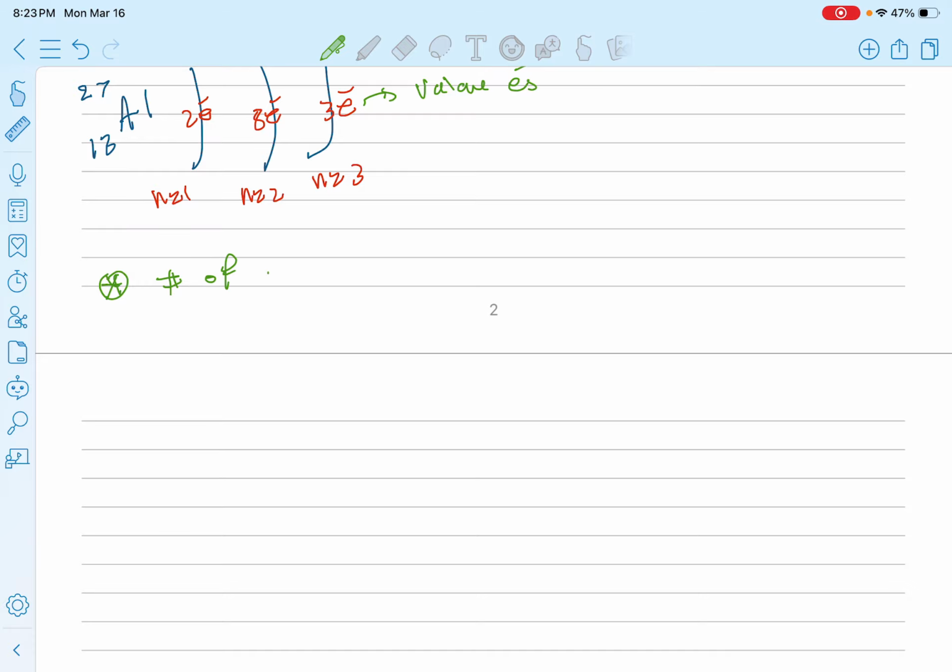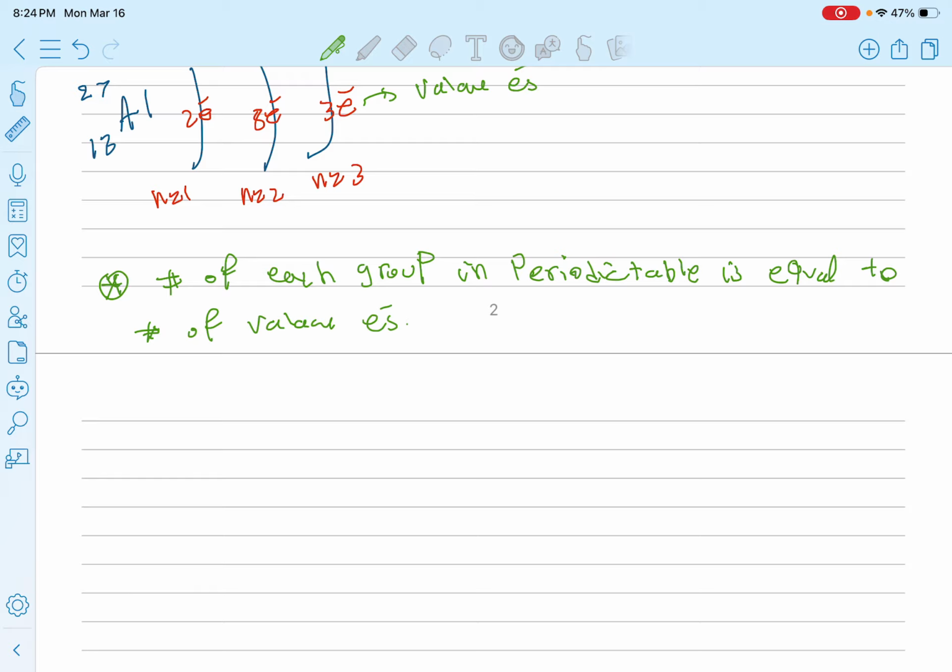The number of each group in the periodic table is equal to the number of valence electrons.